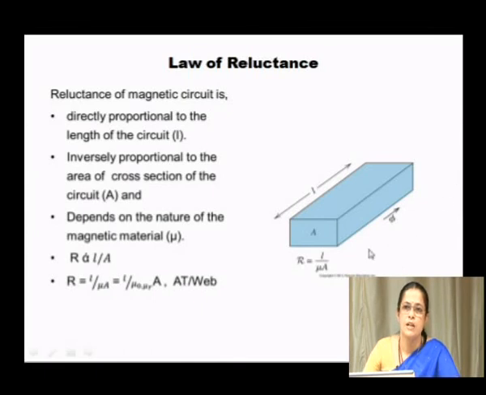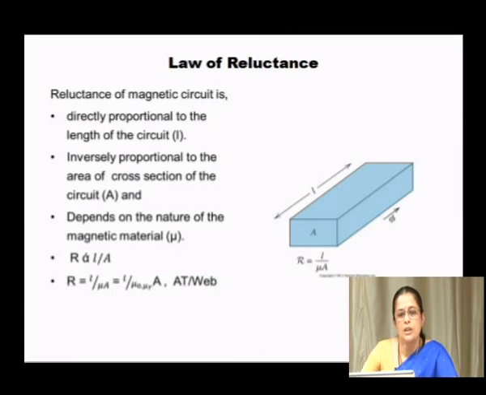Suppose we consider this to be the magnetic material, then the reluctance is directly proportional to the length of the circuit, inversely proportional to the area of cross section of the circuit, and depends upon the nature of this magnetic material, which is given by mu. We have already studied absolute permeability, relative permeability, etc.